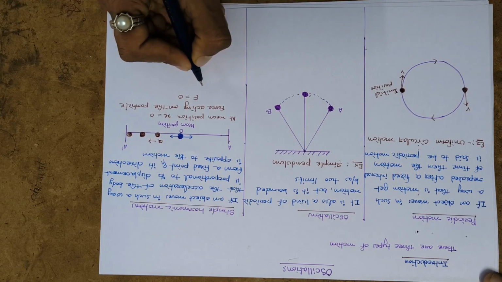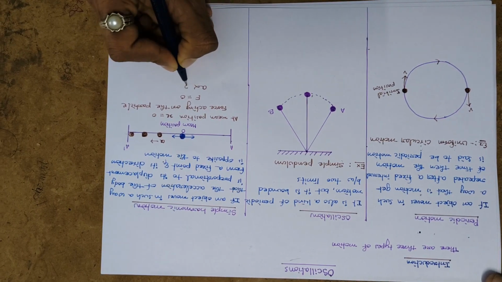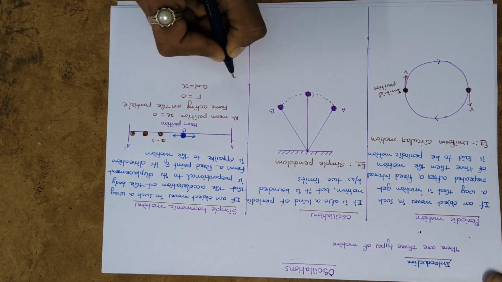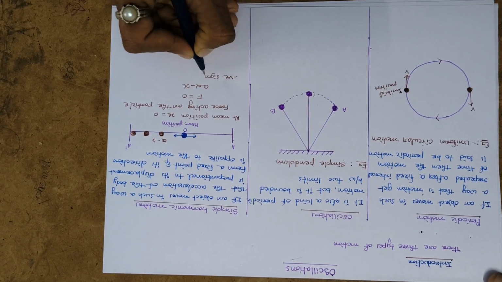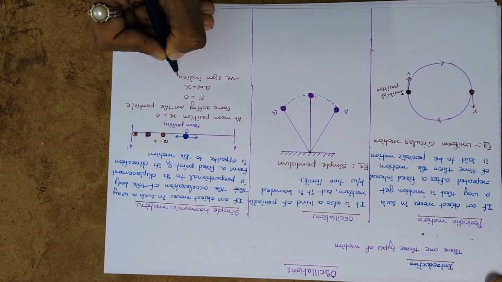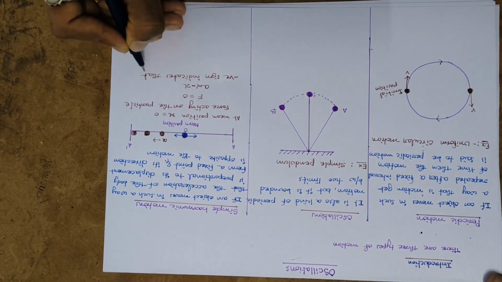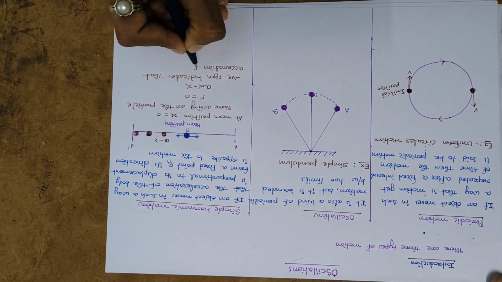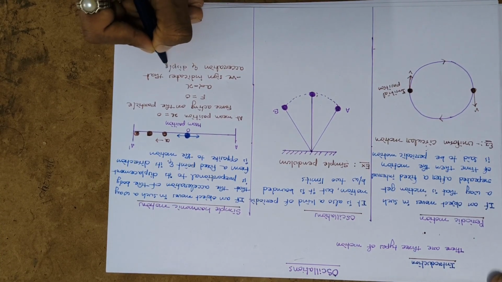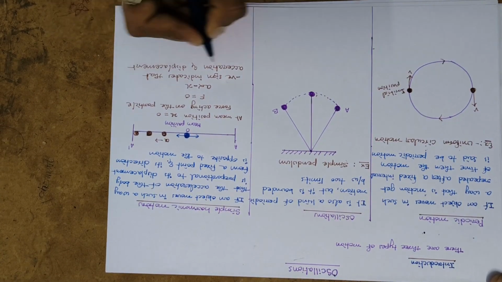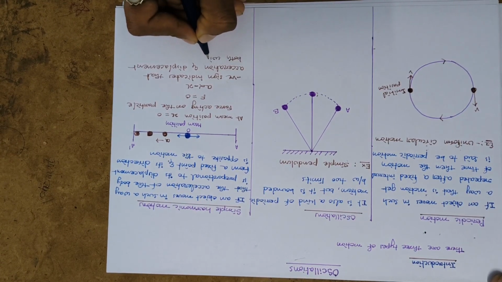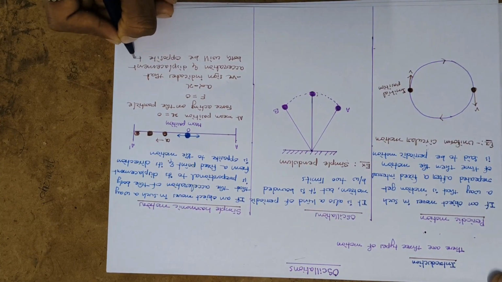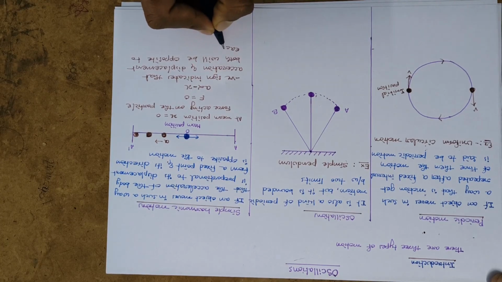Whatever it may be, the acceleration of the particle is directly proportional to the displacement but negative. The negative sign indicates that acceleration and displacement are opposite to each other.